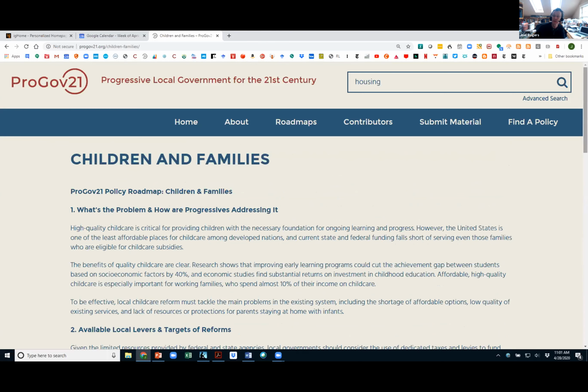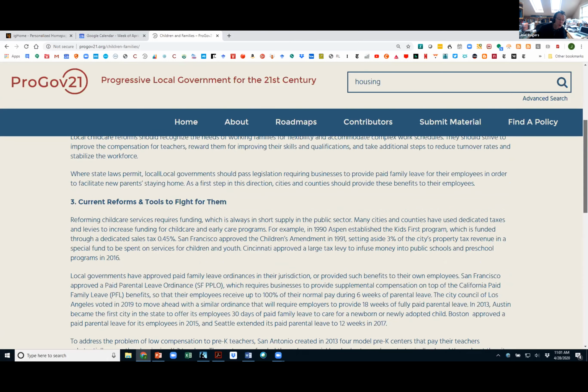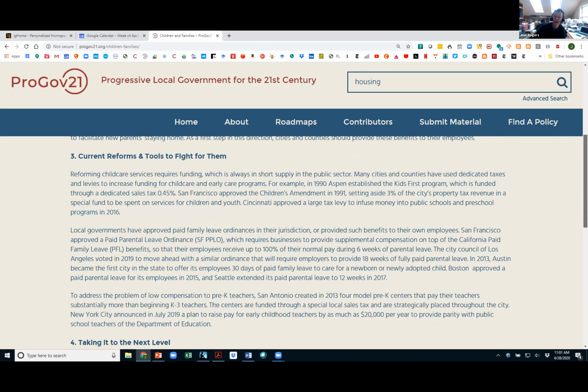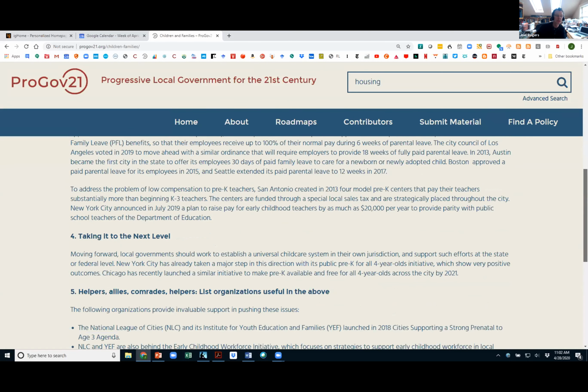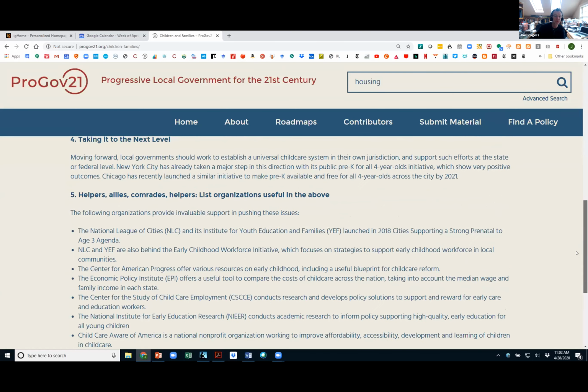So it'll tell you what the basic issue is, and then what are current available levers and targets of reform, and then what are the current reform efforts and tools, with a little bit of highlighting some other examples around the world. What more ambitious reform might look like, taking it to the next level, and then other sorts of resources, helpers, allies, comrades, whatever you want to call them.